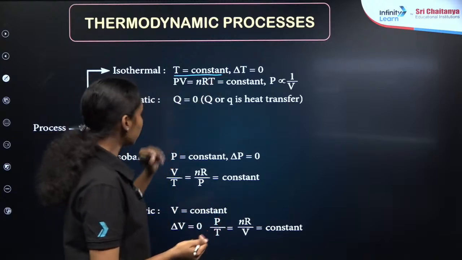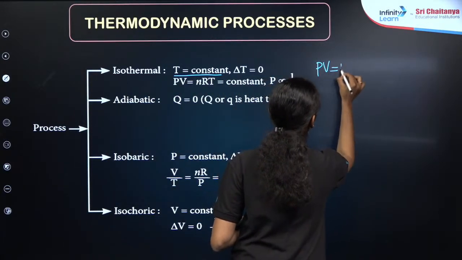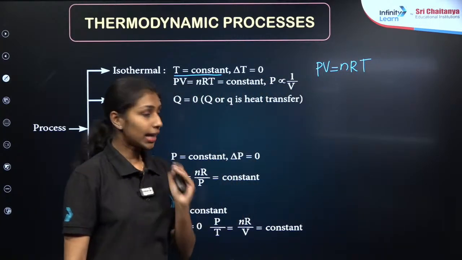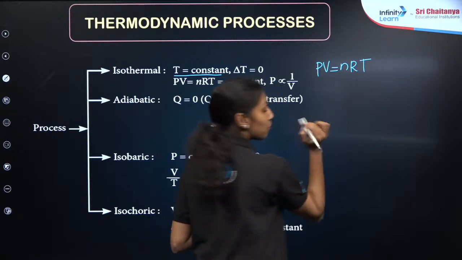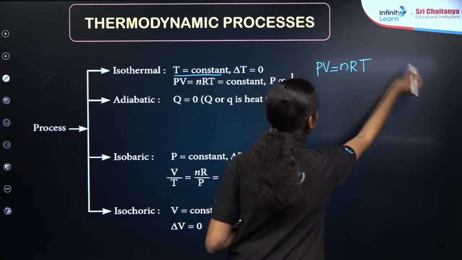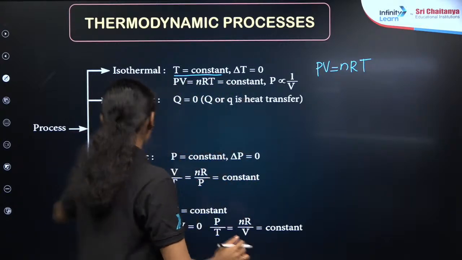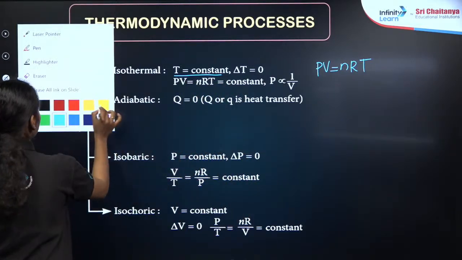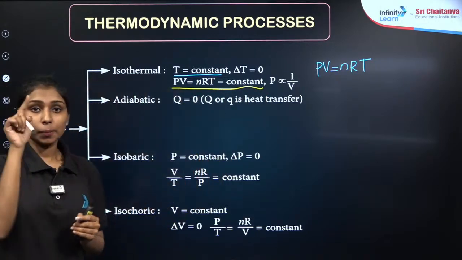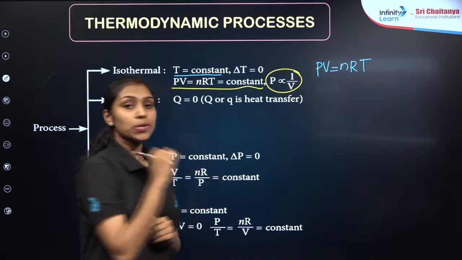Taking the ideal gas equation, PV is equal to nRT, for a process at constant temperature, n is the number of moles, a constant, and R is the gas constant, and T is also constant. So PV is equal to a constant. From that I can identify that pressure is inversely proportional to volume.